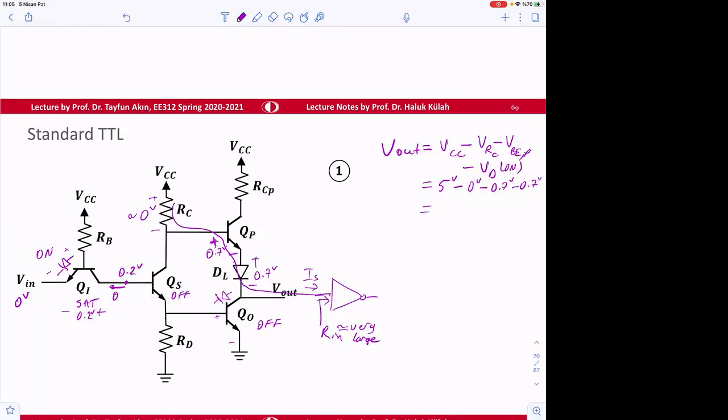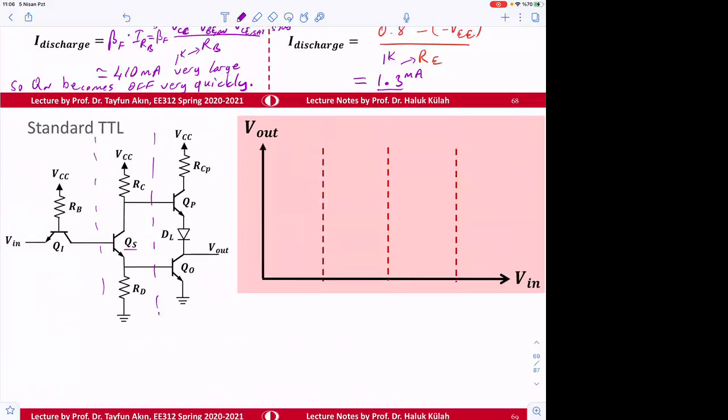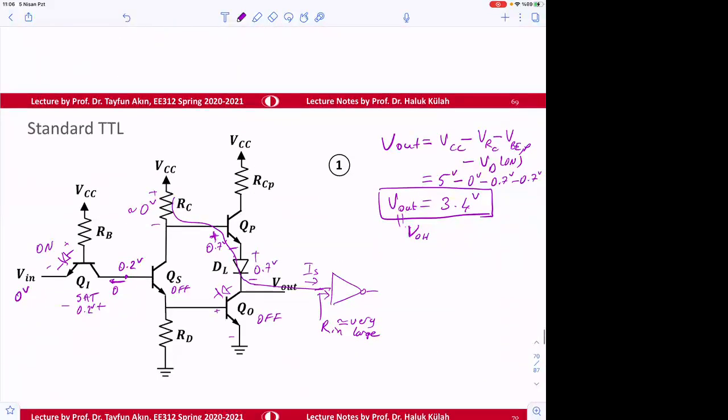So therefore, V out is going to be 3.4 volt. So V out is this voltage. And then this voltage, therefore, is going to be V output high. Is that okay? So let me go to here and then say this, sorry, this is 3.6 volt, sorry, 3.6 volt.